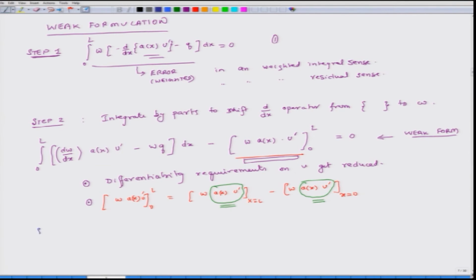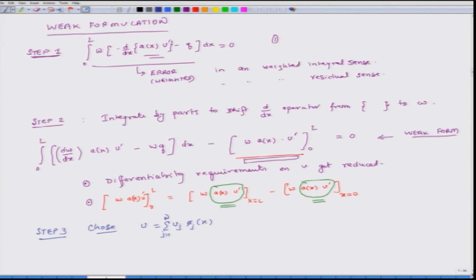So, in step 3, we choose u. We have to now assume some form of u. So, we choose u to be the sum of uj Fj of x, j equal to 1 to n.